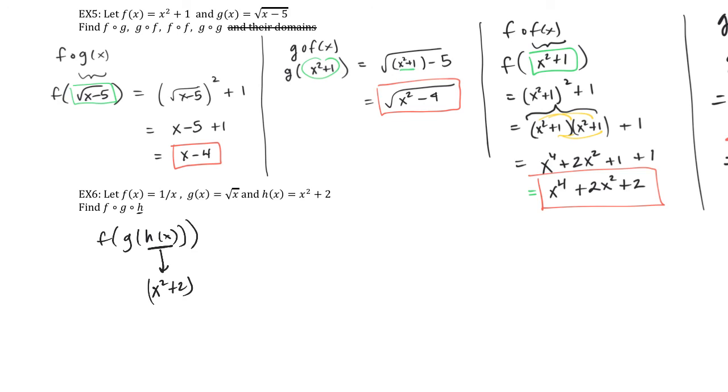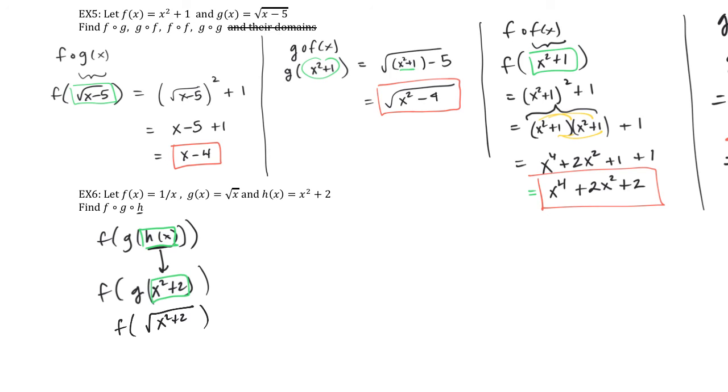That's going to be my input in g, and eventually I'll have to plug that into f. What g does is it square roots my input. That is then inputted into my f.